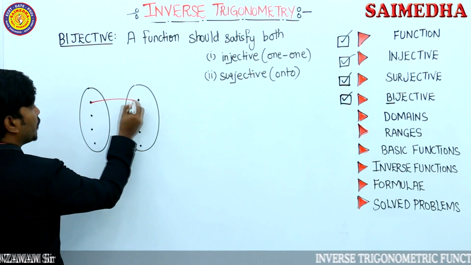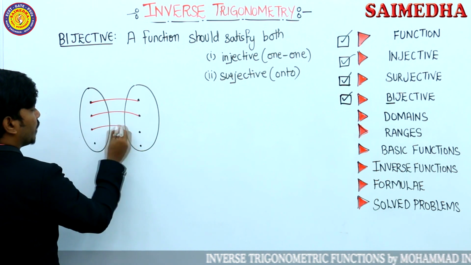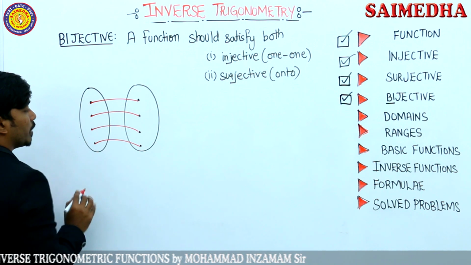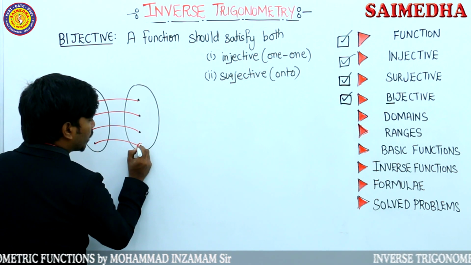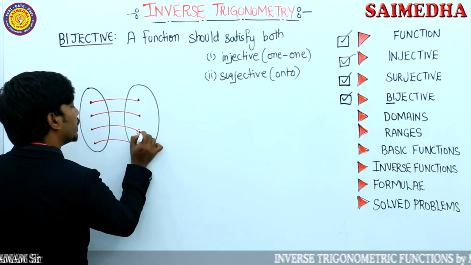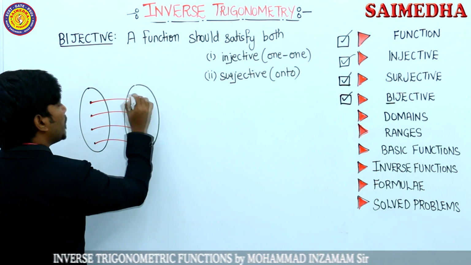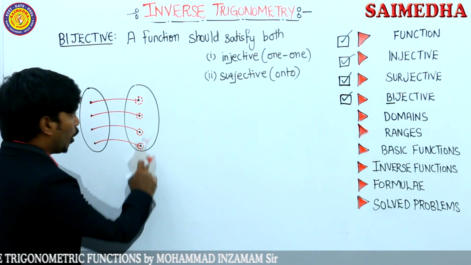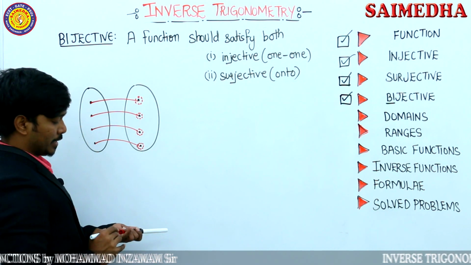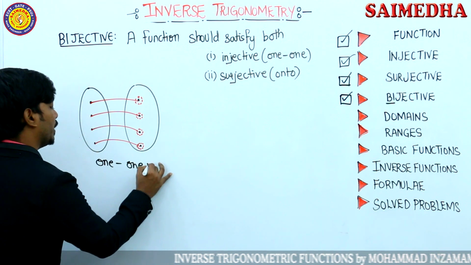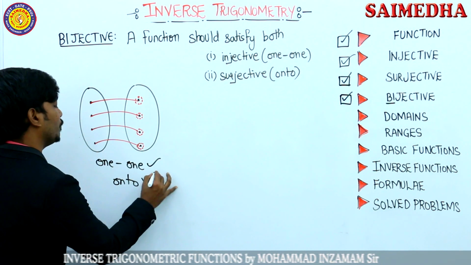What is the meaning of one-one function? One input, one output, one input, one output, one input, one output. So this is one-one. What is the meaning of onto? Onto means all the elements of B, that is the codomain, must be mapped. Have all the elements been mapped or not? Yes. So it is a one-one as well as onto function.